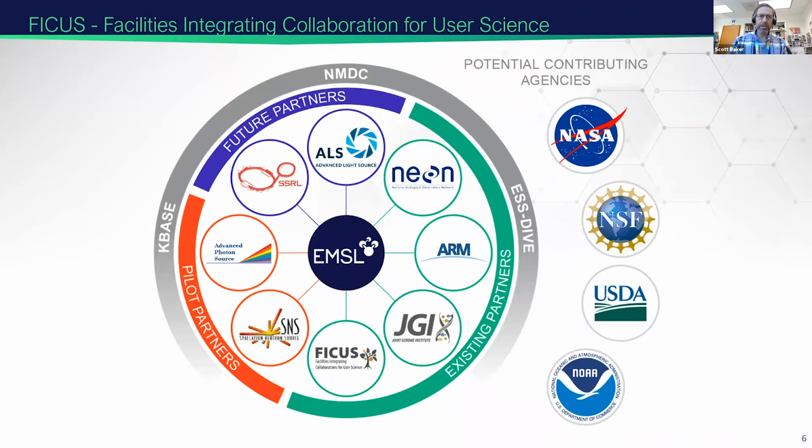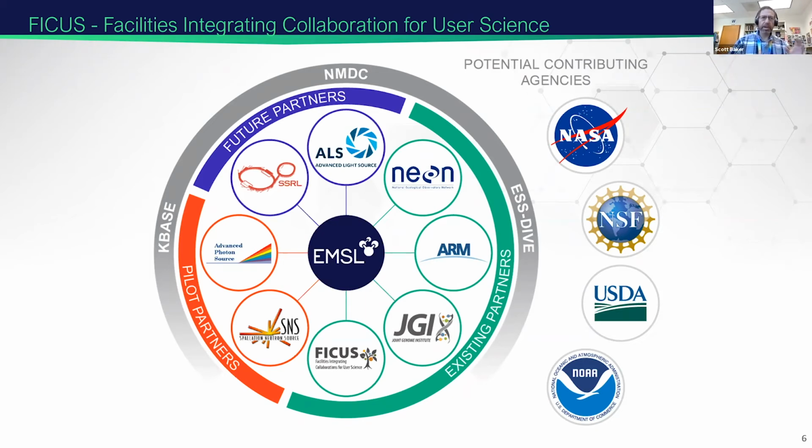So this last year, in addition to having a FICUS with JGI, we had a FICUS with the Biosands capability at the CSMB at Oak Ridge National Lab, and also with NEON for some of the environmental samples that they offer and some of their resources.